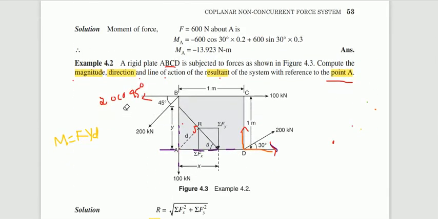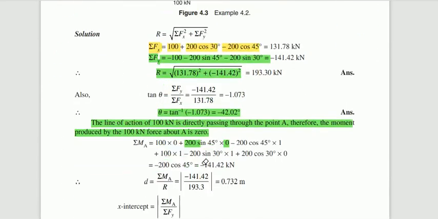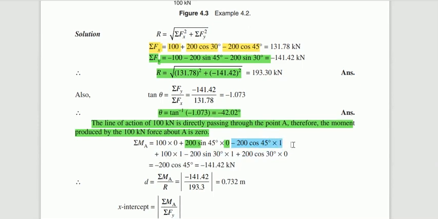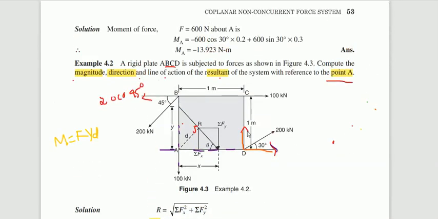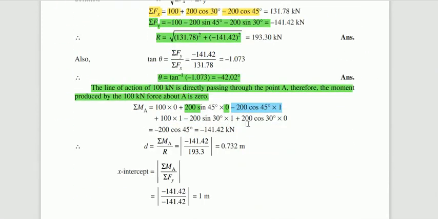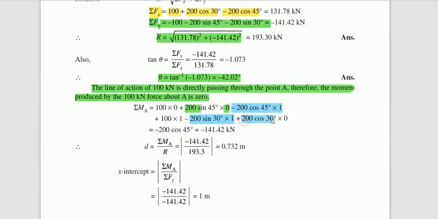That is 200 cos 45 into 1, anti-clockwise, negative. I will highlight this one: 200 cos 45 into 1, direction negative, and another one, 200 sin 45 force into perpendicular distance 1, again anti-clockwise, so negative, then sin 30 into 1, and 200 cos 30 into 0.